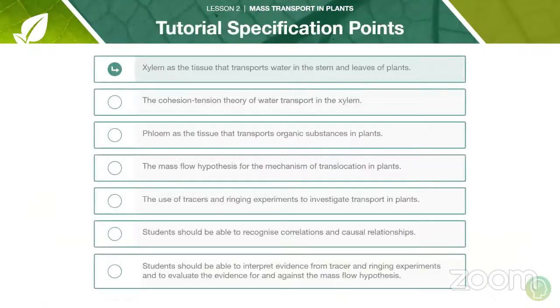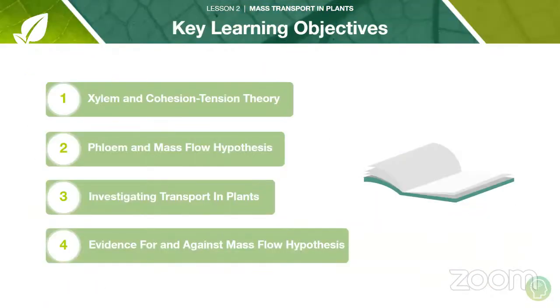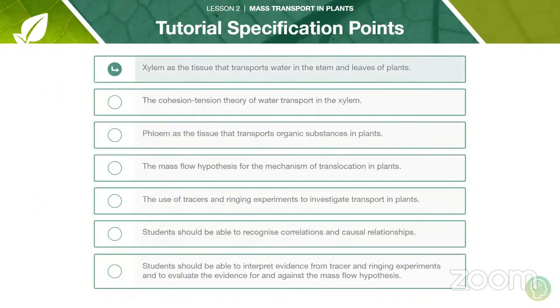So xylem, cohesion tension, phloem, mass flow, and investigating transport in plants, and then evidence for and against the mass flow hypothesis. We talked about the xylem already. We're going to talk about cohesion tension theory, and then phloem, mass flow, understanding data.